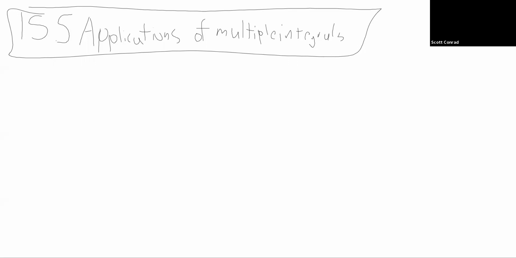So usually we're going to denote density as delta of x, y. It'll be a function.